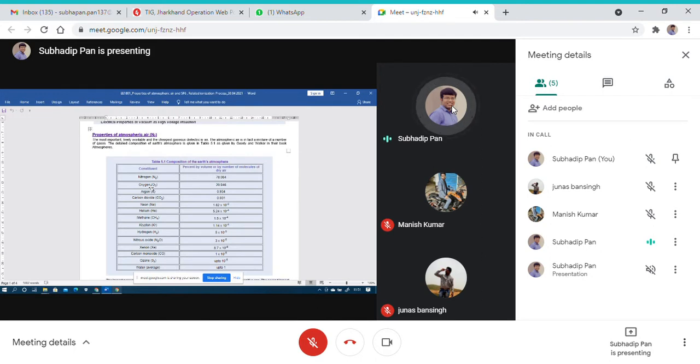Nitrogen has the maximum density in the air, 78.084. The second one is oxygen, 20.946.